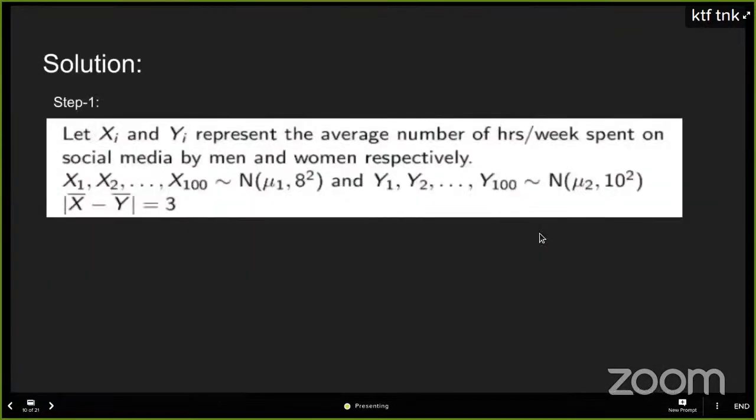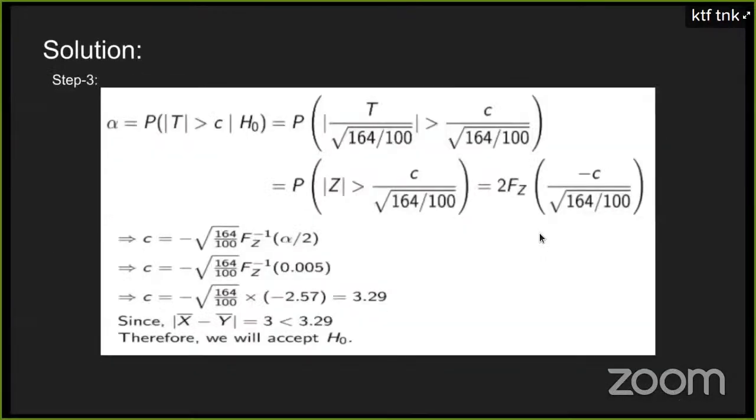Now alpha is the probability that mod T is greater than c given that H naught is true. So this is T divided by root of 164 by 100 greater than c divided by root of 164 by 100. So mu1 equal to mu2 is the test, so mu1 minus mu2 equals 0.